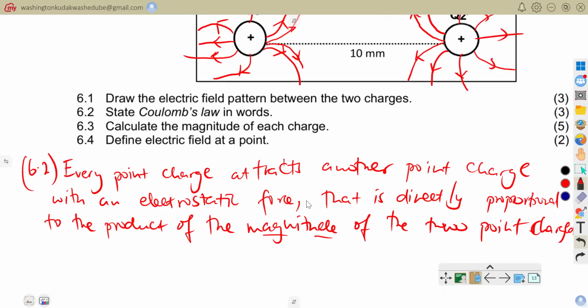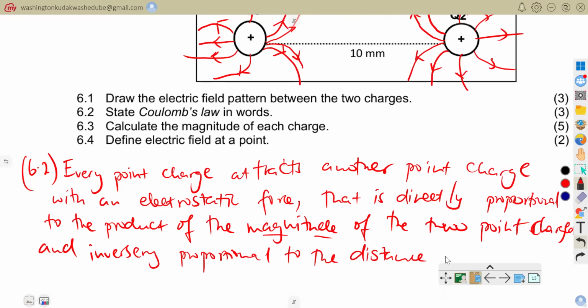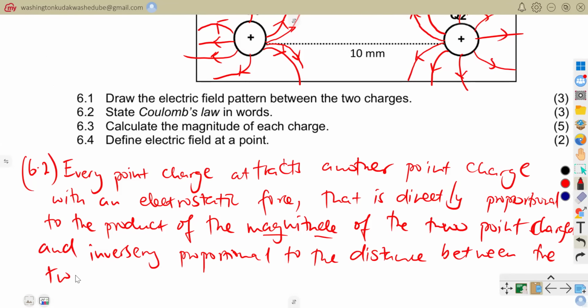You only multiply the magnitude of the 2-point charges, and it is inversely proportional to the distance between their two centers, the two centers of the point charges.